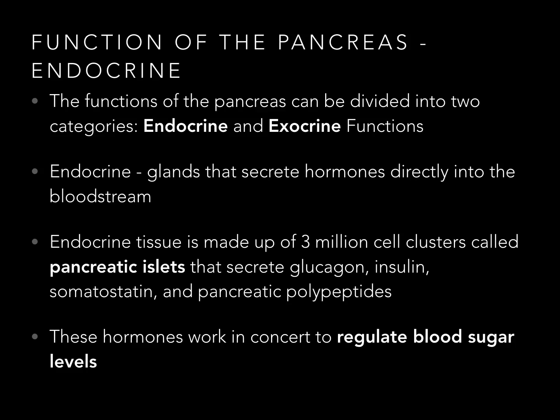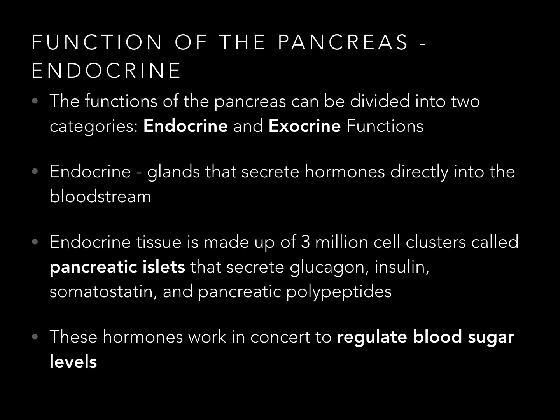Function of the pancreas: endocrine. The function of the pancreas can be divided into two categories: endocrine function and exocrine function. Endocrine refers to a gland that secretes hormones or molecules directly into the blood.